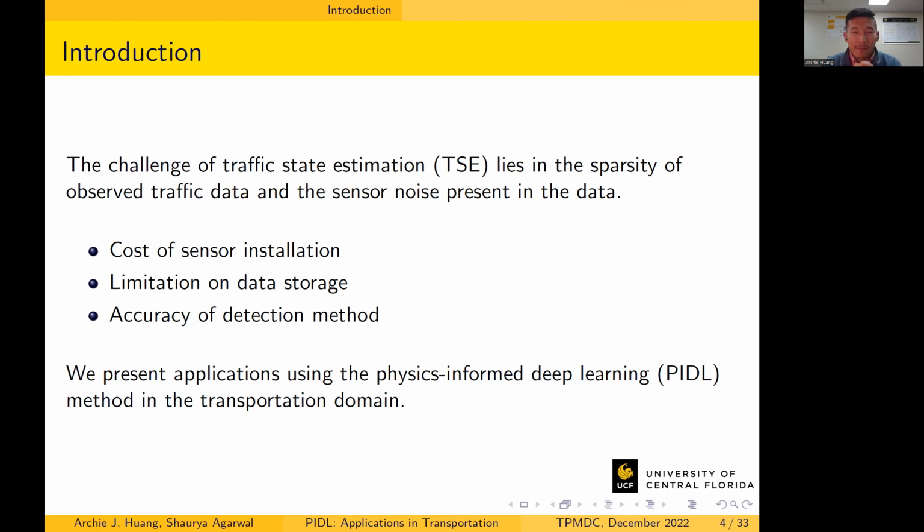Sometimes the data will inherently contain inaccuracy in the measurements. So in this work, we want to present the PIDL applications in this transportation domain.